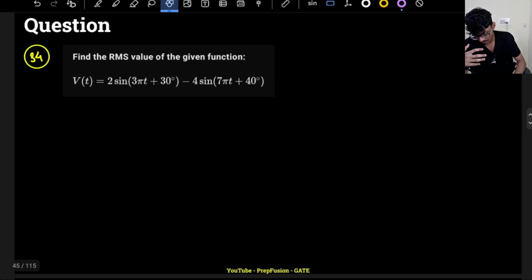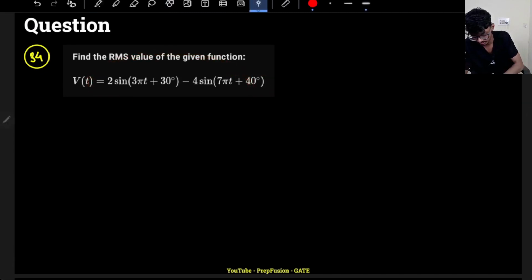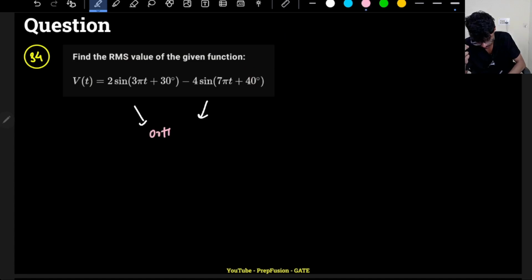Okay, so now let's find out the RMS value of this waveform. This is rather simple. Here both the signals are orthogonal to each other. Orthogonal meaning their integration of x1 x2 over the time period is 0. So simply I can use the RMS formula.